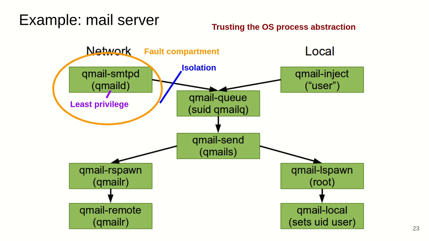So all of these separate components run under separate user IDs and are isolated from each other, right? So this is a way how you can split a large and complex system into a set of smaller tasks that are limited to their individual functionality.